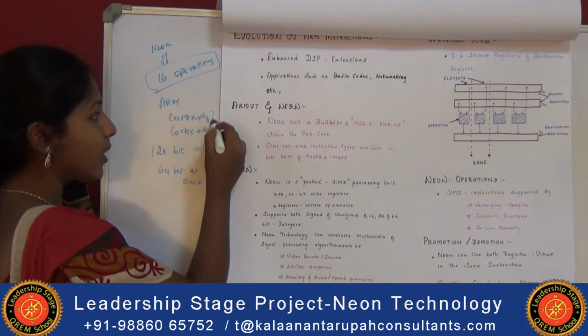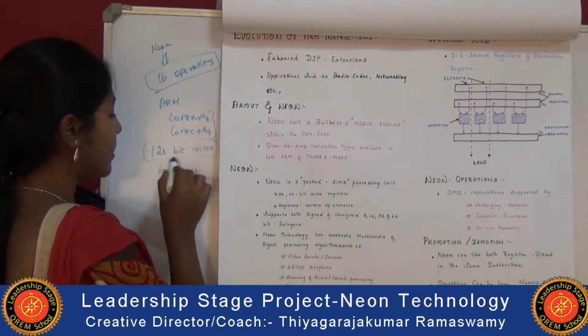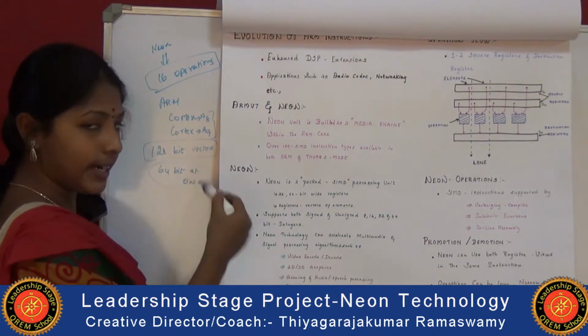This is in the case of Cortex A8 and A9. Even though it has the capability of 128-bit vectors, it can execute only 64 bits at a time.